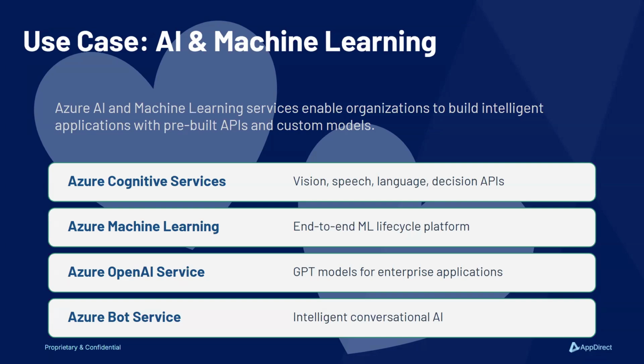So this enables your organization to build intelligent applications, right? And also use custom models, right? For instance, we have Azure Cognitive Services: Vision, Speech, Language, and Decision APIs. Now, API is just a fancy word, right, for automated programs, right?